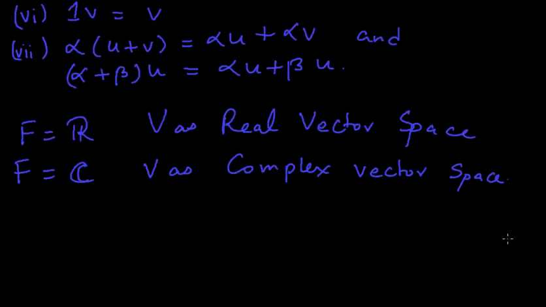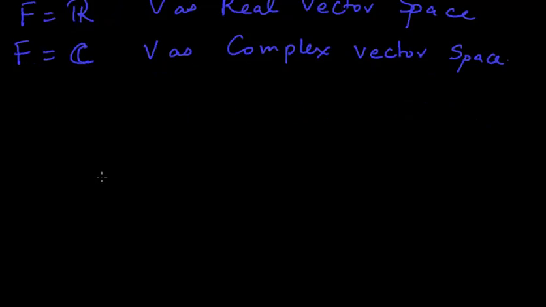Some examples of the vector space. The first example that should come to your mind is the ordered pairs (x, y), which we denote as vectors, where x and y are real numbers. Let's talk about the real vector space here. Then all these properties are satisfied for the set.